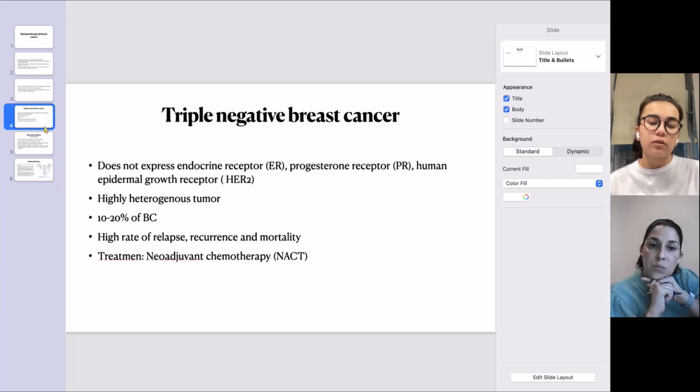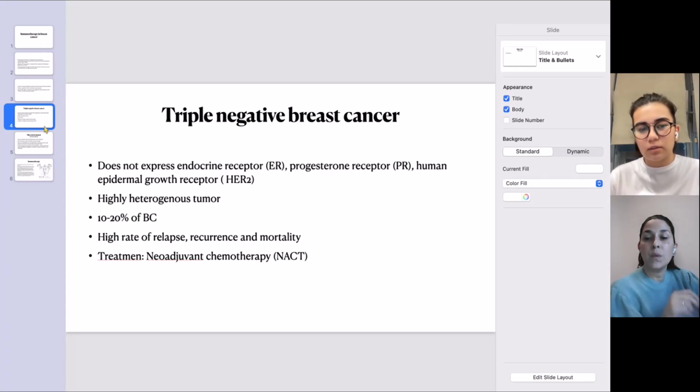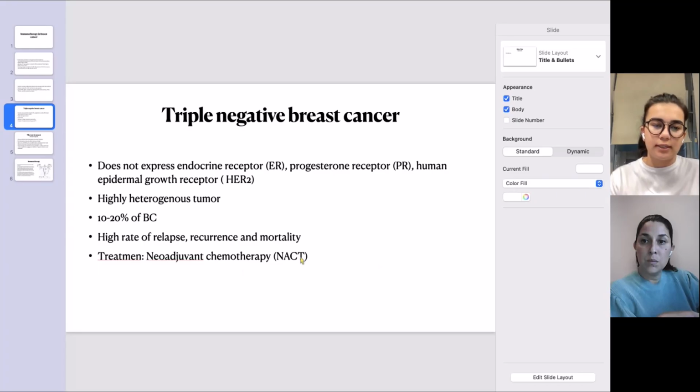It is difficult to treat this cancer because it has some immune avoidance. It can avoid the immune system, but there is a treatment using neoadjuvant chemotherapy, or shortly NACT.